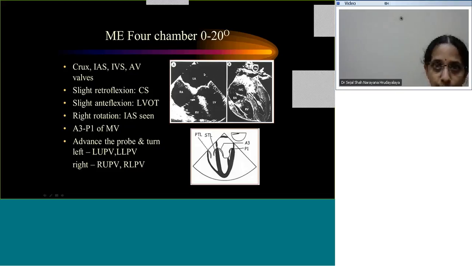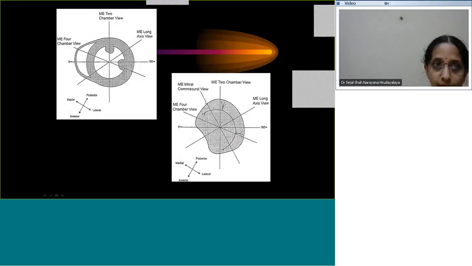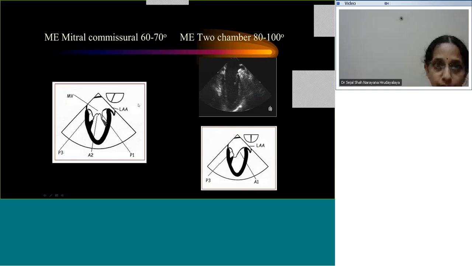Now from the four-chamber view, we are going to turn a little further towards 60 degrees and 90 degrees, where we are going to get the two-chamber view and the long axis of the heart. So this is how the axial rotation is going to make a difference in the cuts. From the four-chamber view, if we add another 60 degrees, we are going to get a two-chamber view, which involves the left atrium and the left ventricle.